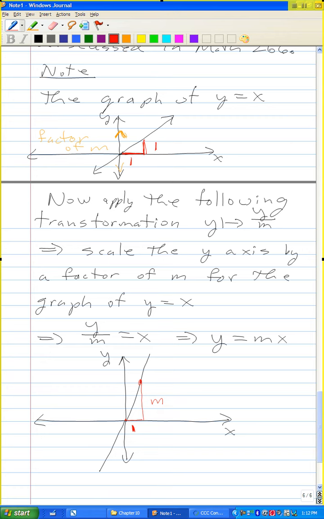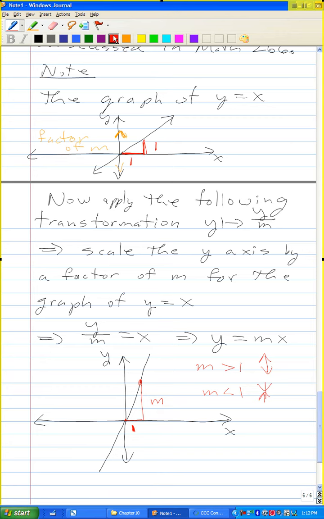If m were greater than 1, then we would be expanding. If m were less than 1, then we would actually be compressing the x-axis.